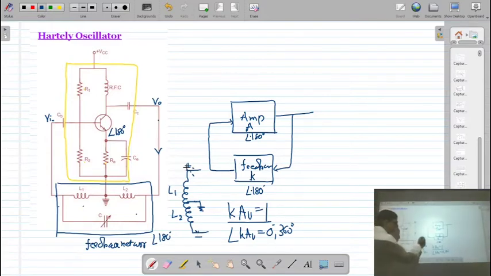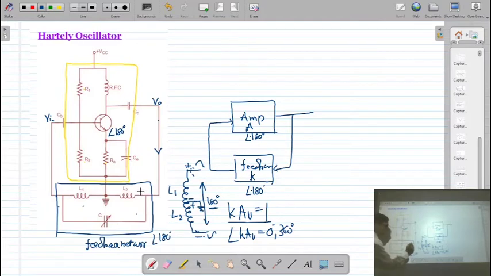So basically we say this is positive, then this will be negative for this L1, then this will be positive and this will be negative for this. So here in an auto transformer, whenever the positive cycle is on the upper terminal, here we have a negative cycle. So we can say the 180 degree phase shift is introduced by these two inductors. The same thing is also there.